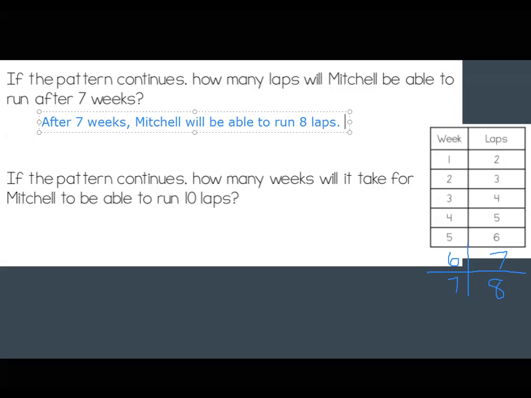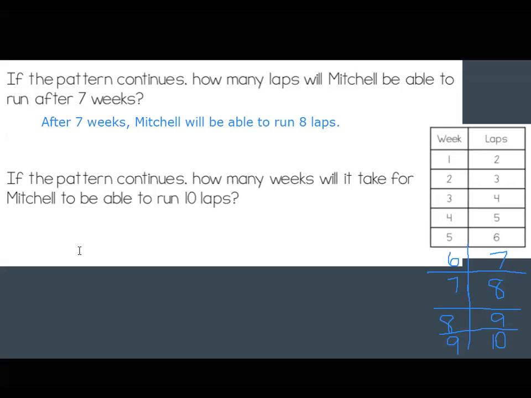If the pattern continues, how many weeks will it take for Mitchell to be able to run 10 laps? Well, like we said before, we know that each week he's increasing by 1 lap. So we could do 9 laps, and we need to extend this all the way to 10 laps. So this would be week 8, and this would be week 9.